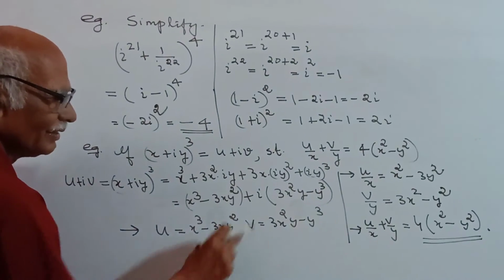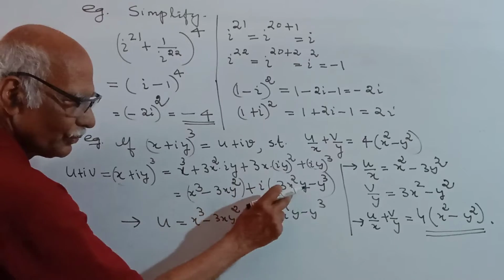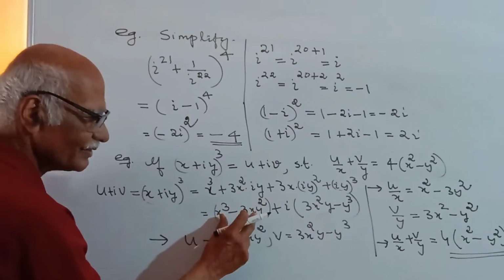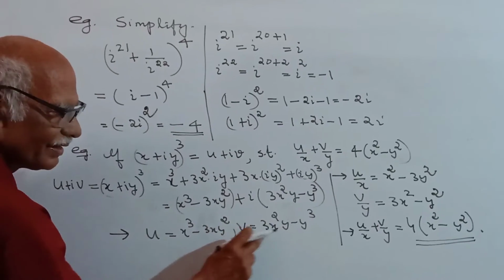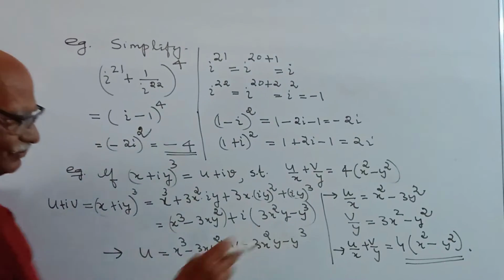So net effect x cube minus 3xy squared plus i into (3x squared y minus y cube). So u is the real part, it is x cube minus 3xy squared. v is the imaginary part, which is 3x squared y minus y cube.